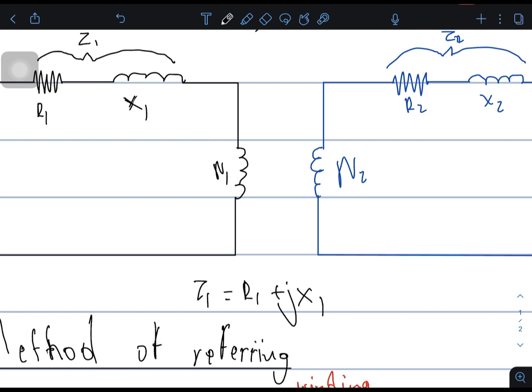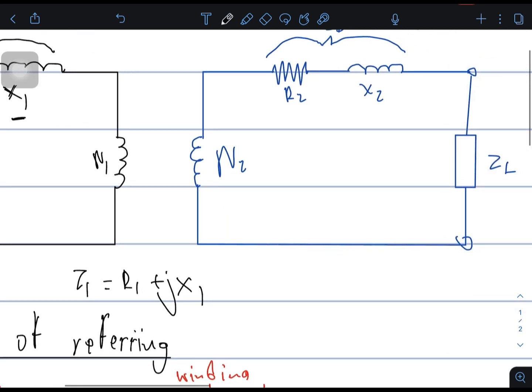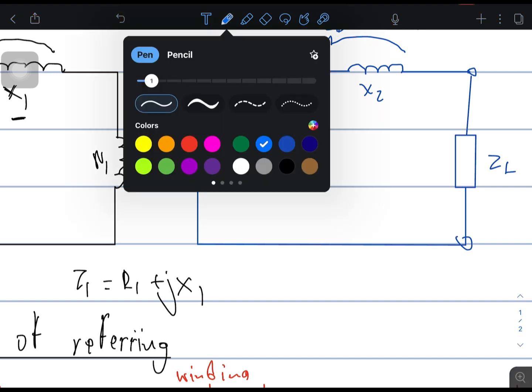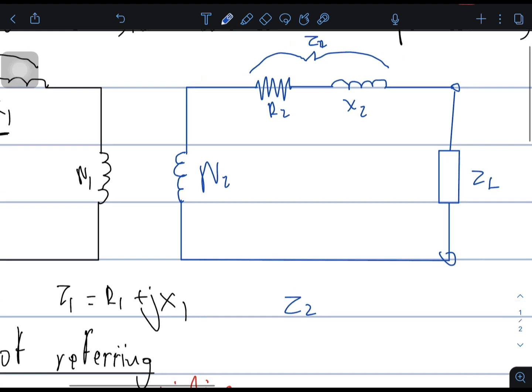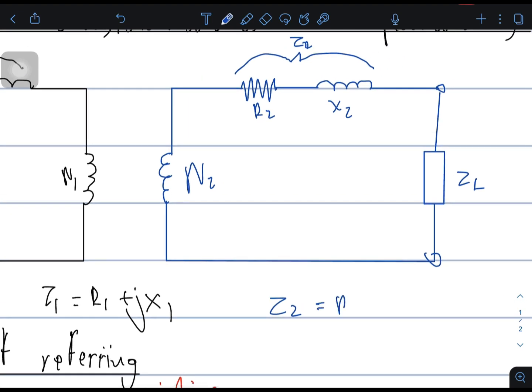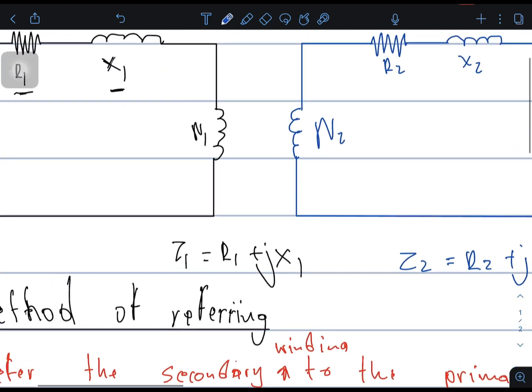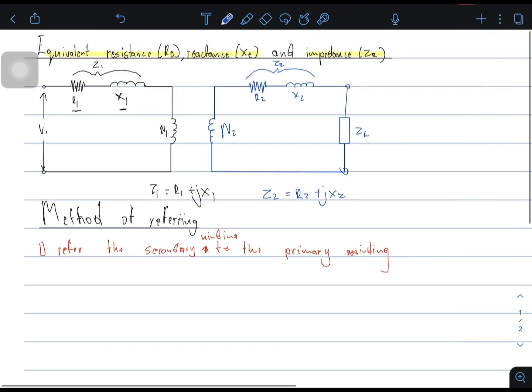You have a resistance and an inductive reactance. Then Z2 is equal to R2 plus jX2. Okay, so we are sorted on that side.